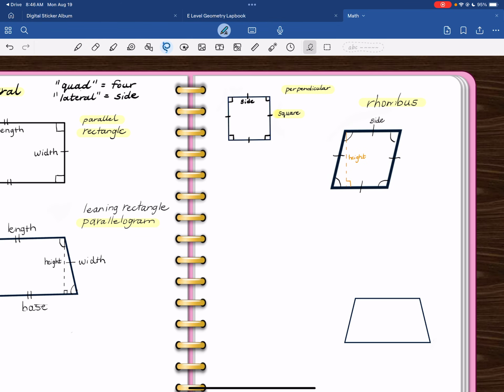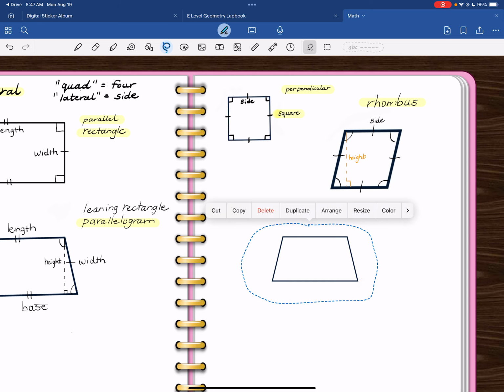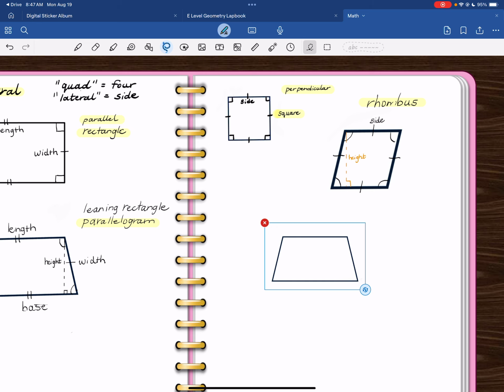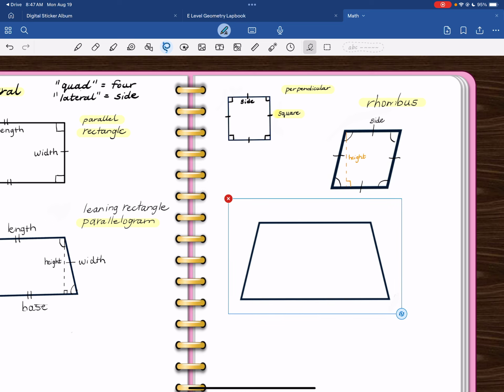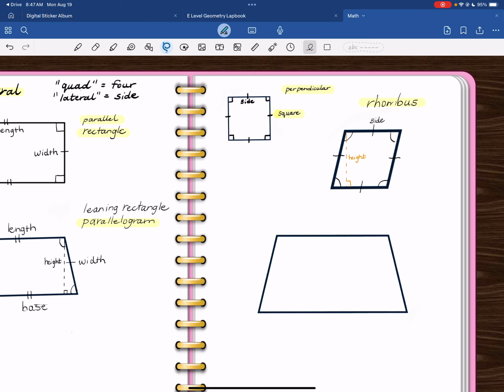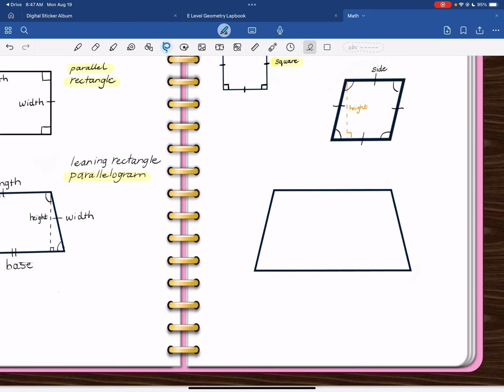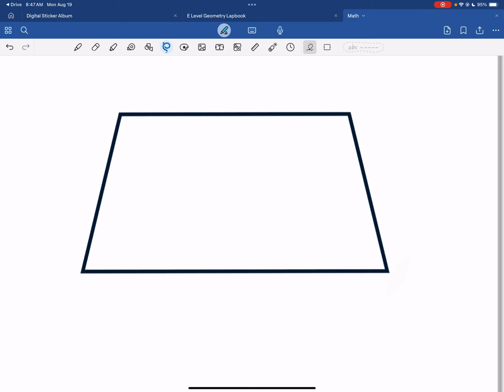And then this last one, we had a glimpse of this one in the 2-dimensional shapes. All of these, by the way, are 2-dimensional because they're flat. Do you remember what this one is called? Let me put this in there and see if this helps you. Base 1, or that could be base 2. It doesn't matter. One of them's 1 and one of them's 2, and you get to pick.